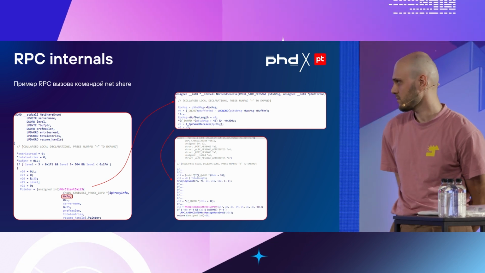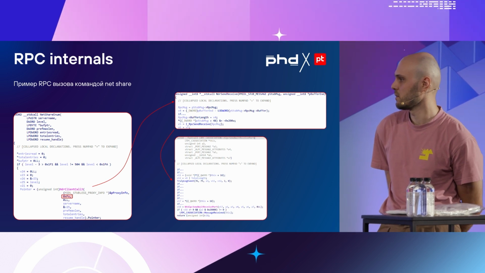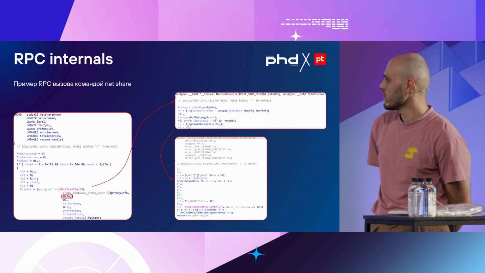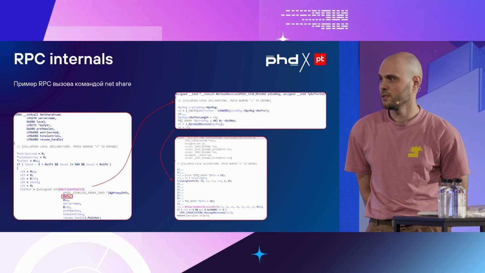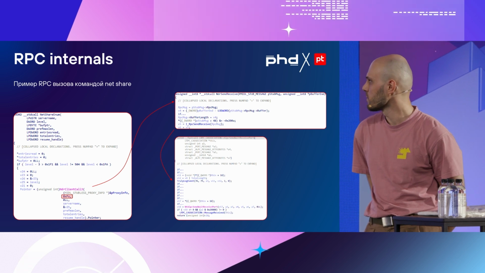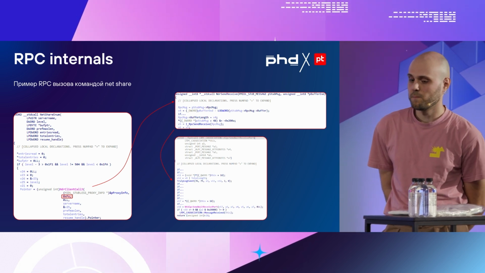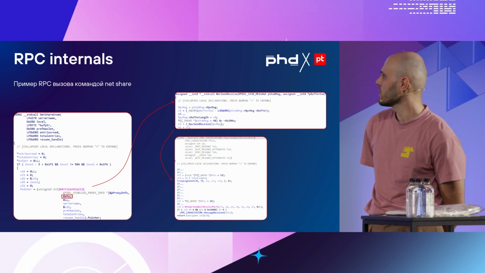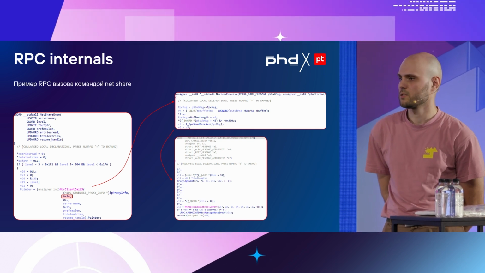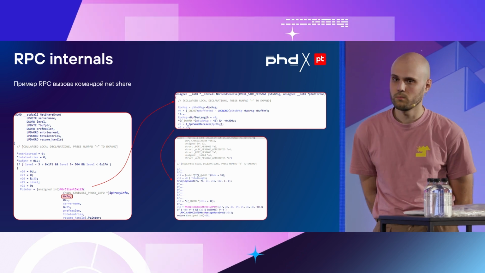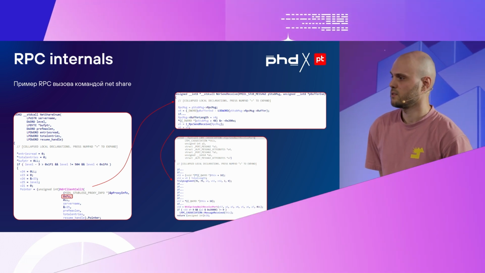So we know that the second argument is the number of the procedure that will be called, and the first argument we can use to get the RPC interface that will be used. So if we trace further, we'll get to the NDR send receive function that has the RPC request formed inside of it.